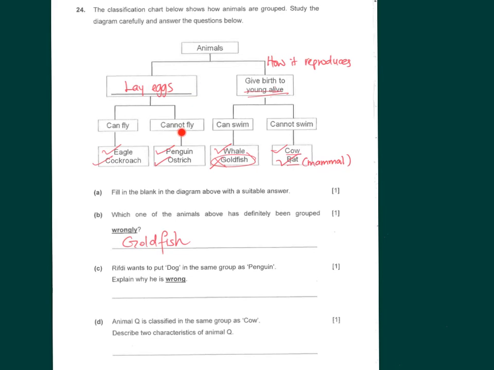Cannot fly is true though. So the only problem with this is that in this group, the dog does not lay eggs. So that is the answer. Or you can say dog does not reproduce by laying eggs.